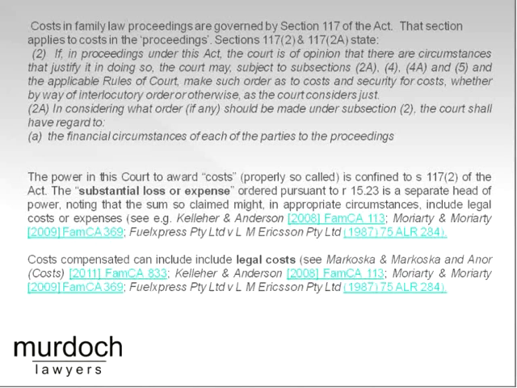So this comes back to that substantial loss or expense argument, and the court said that you're entitled to reasonable legal costs. So in other words, you can claim the cost of getting some advice about whether or not you have to comply with the subpoena.